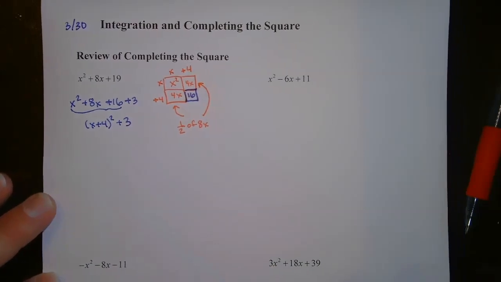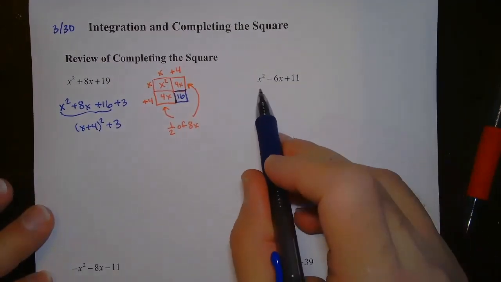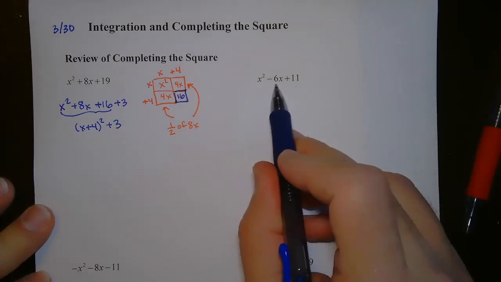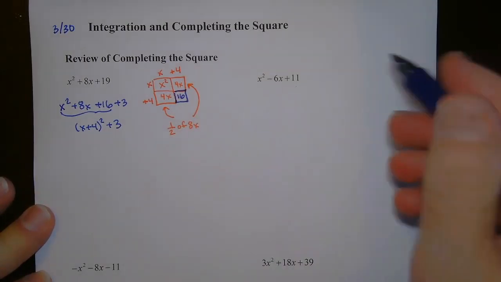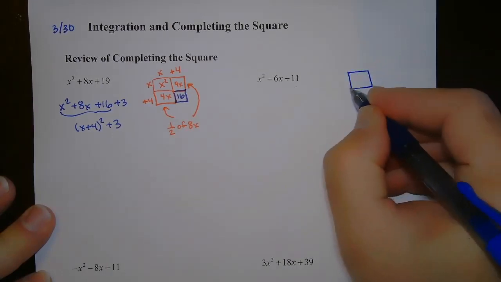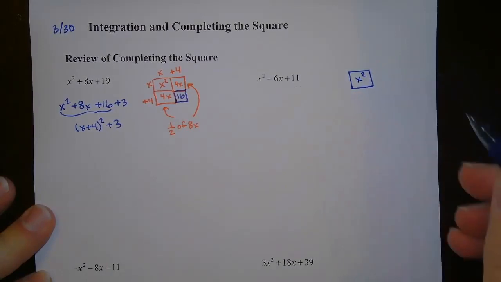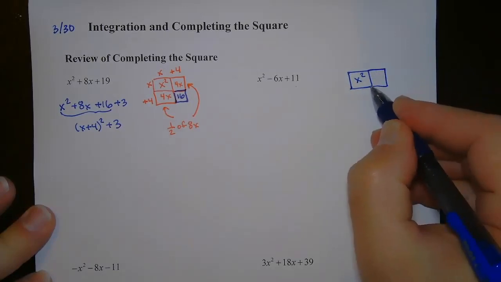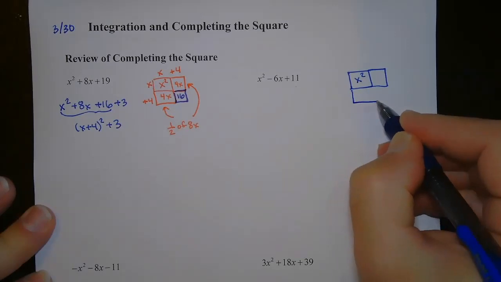All right, so if we go over here to this next problem, we have x squared minus 6x plus 11. I want to use the x squared minus 6x to make my perfect square. So here's my x squared, and then I'm going to put half of the x's right here and the other half right here.